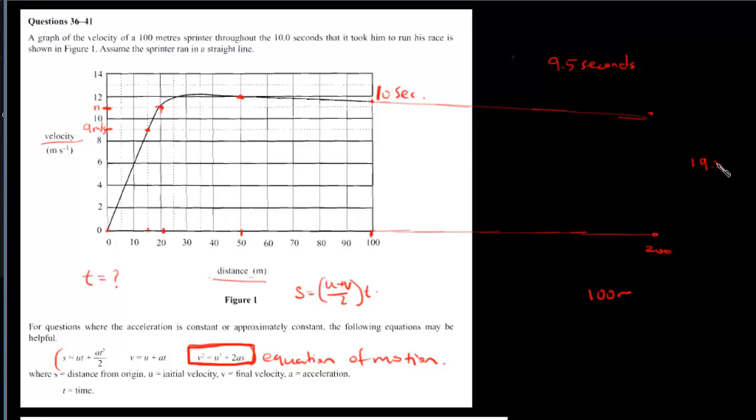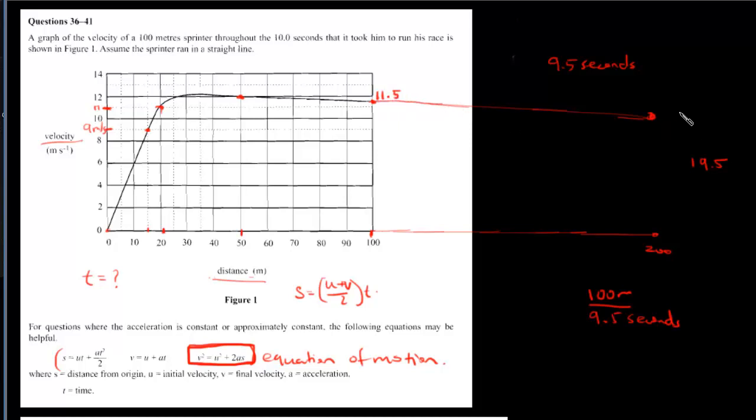If you take 10 seconds away, that's 9.5 seconds, and it runs 100 meters in 9.5 seconds. Now, you can see that the initial velocity right there is 11.5.